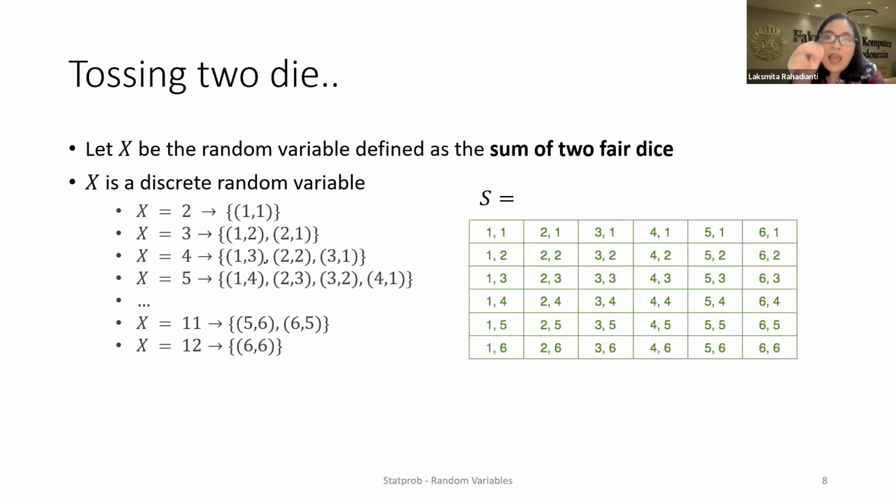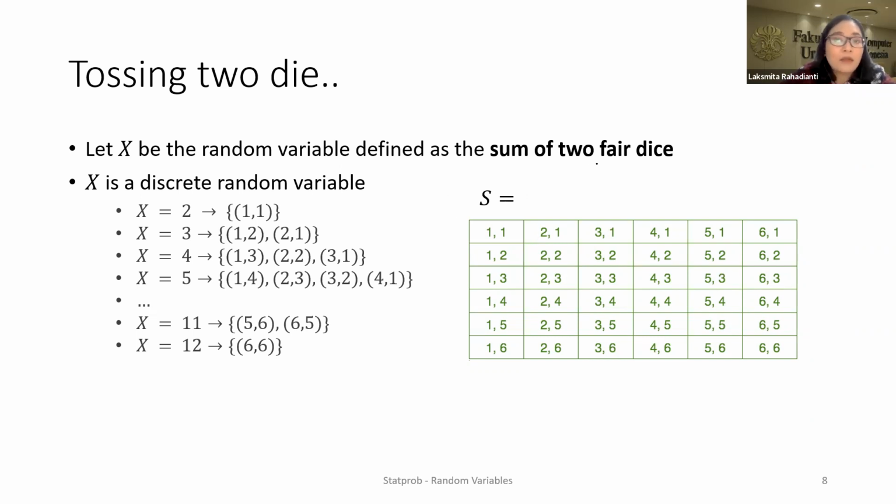We have X is the sum of two fair die. So we're going back to the first example there.